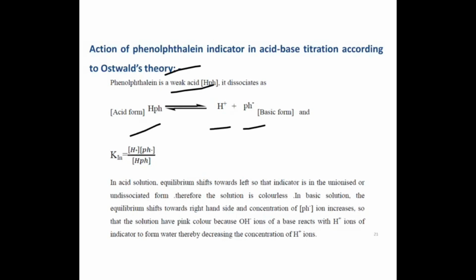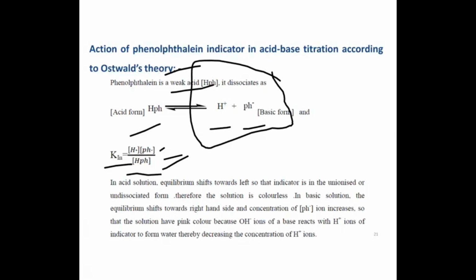The indicator constant can be written as K-In is equal to [H plus][Ph minus] divided by [HPh], the product divided by the reactant. Ph is nothing but a complex organic group. K-Ph is the indicator constant.